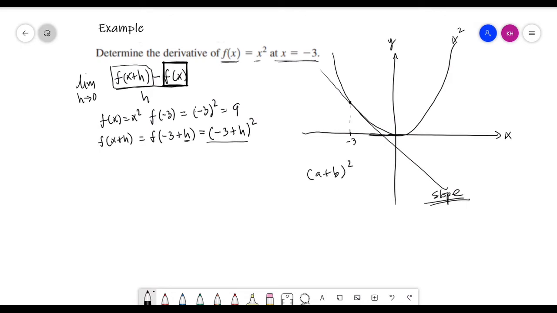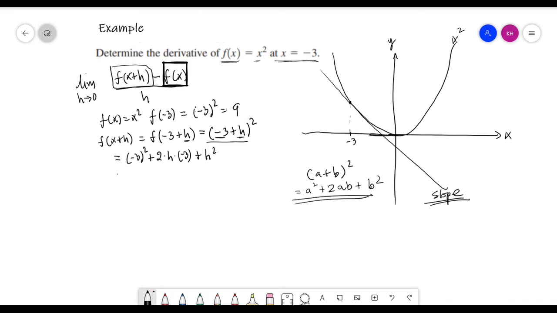And what is a plus b whole square? A plus b whole square is equal to a square plus 2ab plus b square. We're going to use this to simplify, where my a would be negative 3 and b would be h. So we are going to have negative 3 whole square plus 2 times h times negative 3 plus h square.